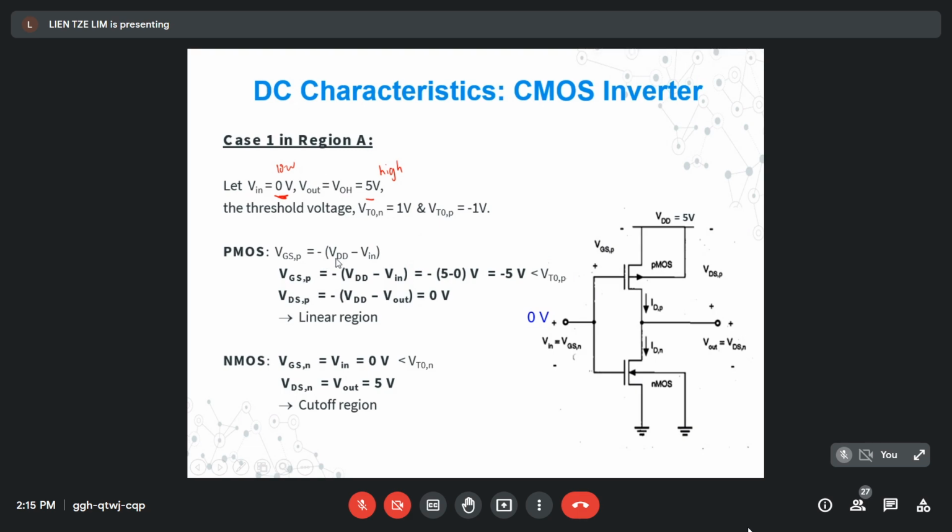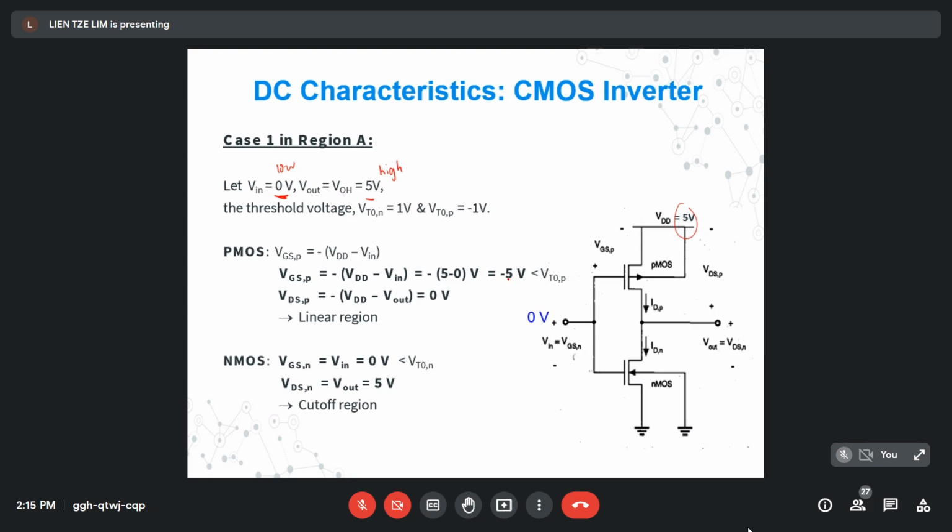This is negative VDD minus Vin. VDD is already given, it is 5 volt, and Vin is 0 volt. So VGSP, sorry, not output, this is input, at the gate, the gate voltage is minus 5 volt.